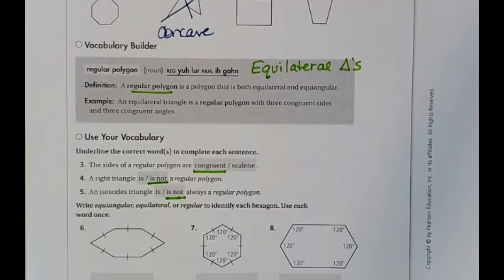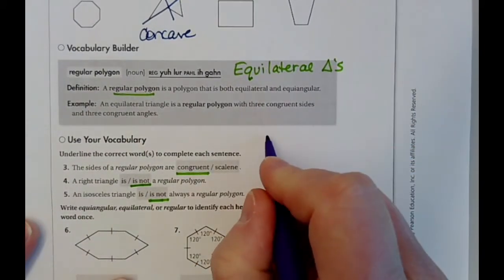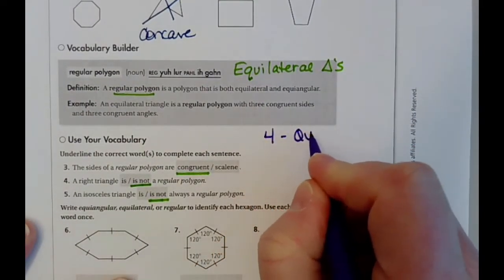And so let's talk about different polygons and make sure we know what they all are. If we have a three-sided figure, we know that's a triangle, and a four-sided figure is going to be a quadrilateral. It's not necessarily going to be a square or a rectangle, but we're going to say it's a quadrilateral.